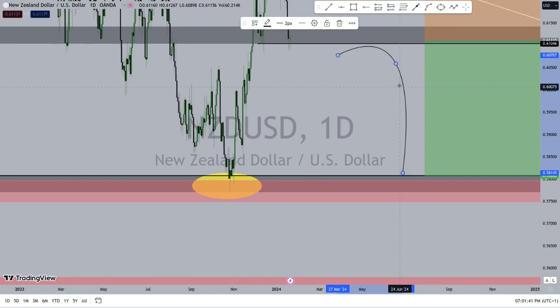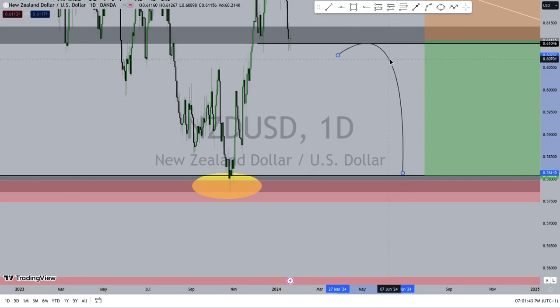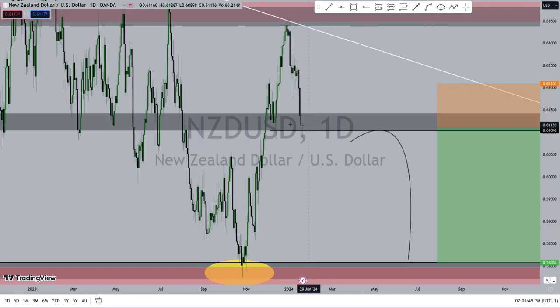So once we can clearly break and clear this level, then we should be anticipating to hit here at over 300 pips. So that's that for NZUSD.